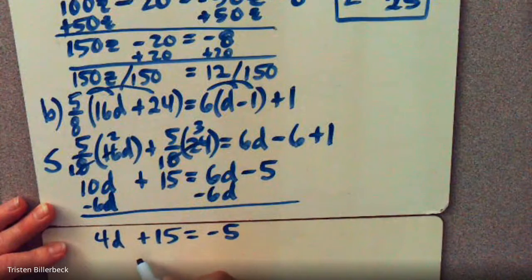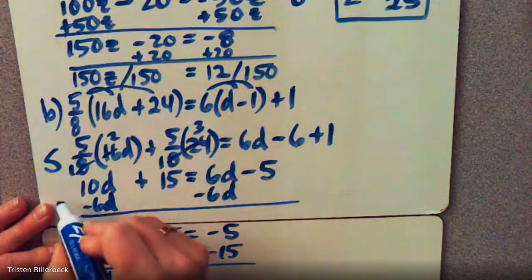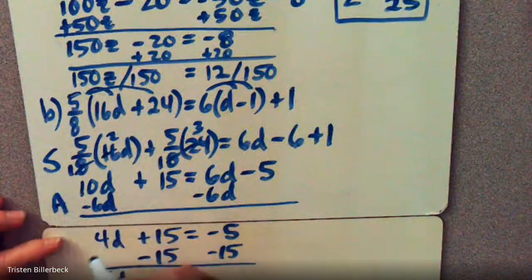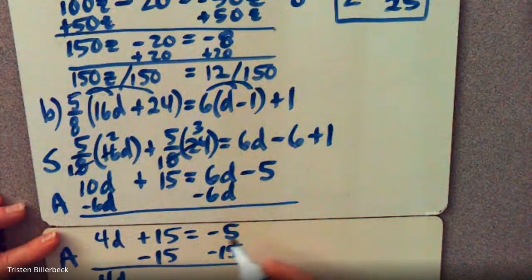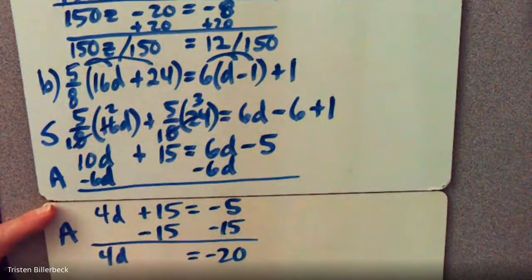All right, so we're going to use an additive inverse here, negative 15, negative 15. So 4d, oops, I should be writing additive inverse. So I have 4d equals negative 20. And then I'm going to use a multiplicative inverse.